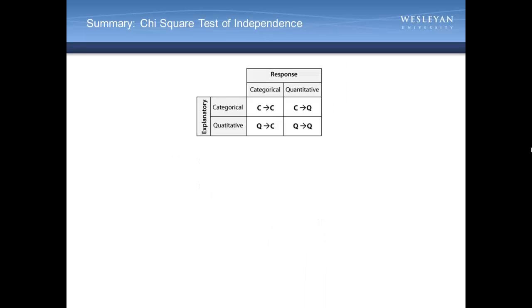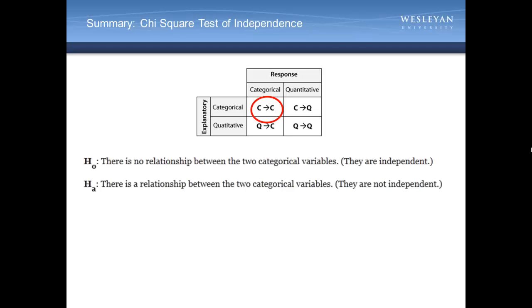Again, I know that was a lot to absorb, so let me quickly summarize the chi-square test of independence for you. First, a chi-square test of independence is used when we have a categorical explanatory variable and a categorical response variable. The null hypothesis is that there is no relationship between the two categorical variables; they are independent. The alternate hypothesis is that there is a relationship between the two categorical variables, i.e., they are not independent.